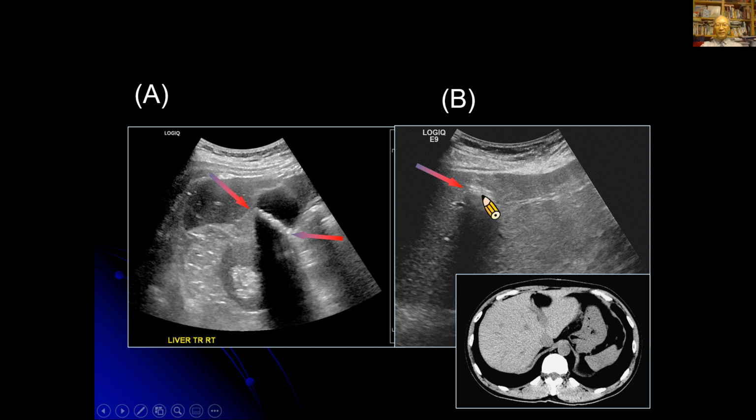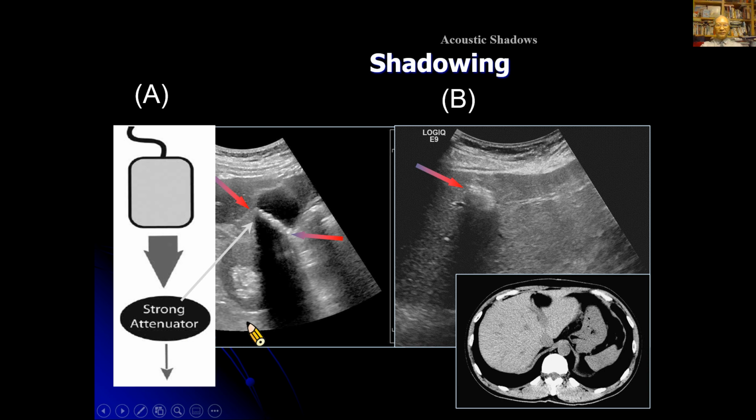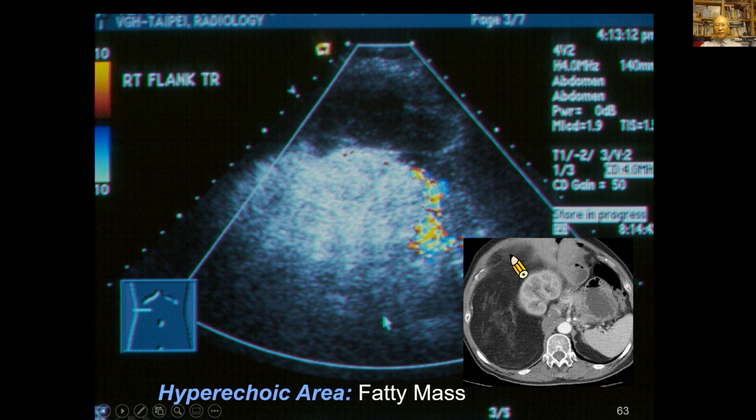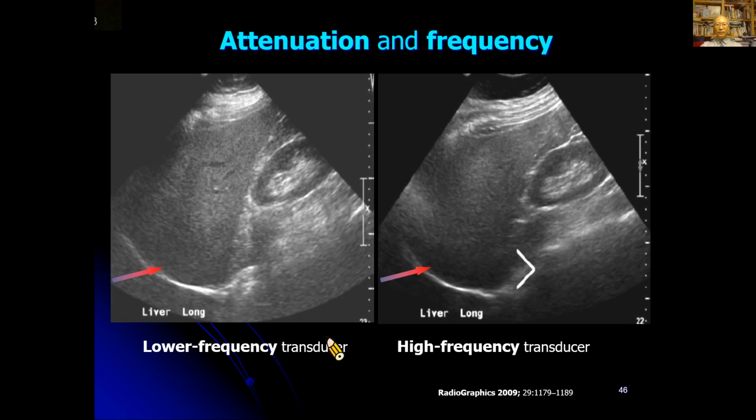So a lipoma can cause this kind of acoustic shadow because of the strong attenuator. Or here another strong attenuator, that's a fatty tumor, actually a liposarcoma, in the retroperitoneum. So acoustic shadows or strong attenuation.